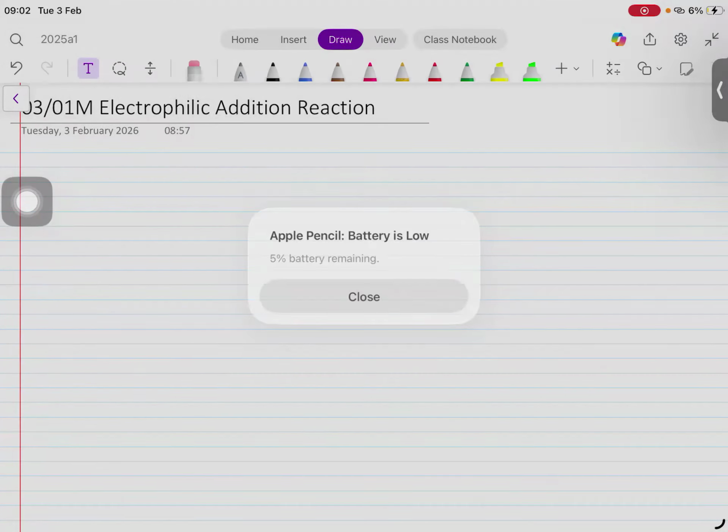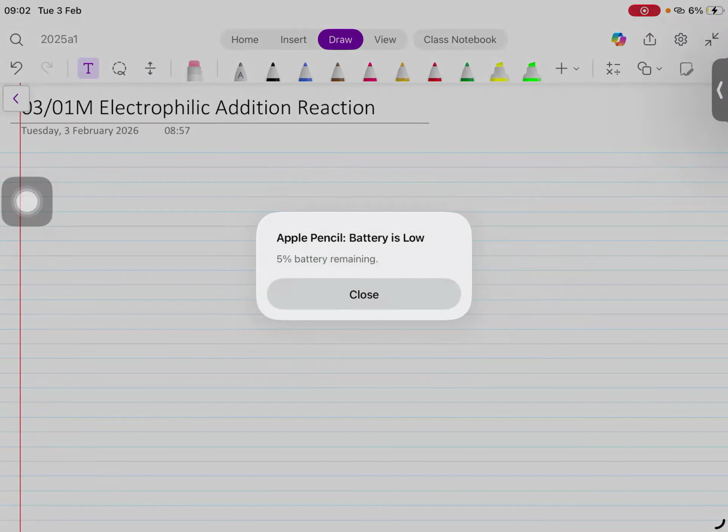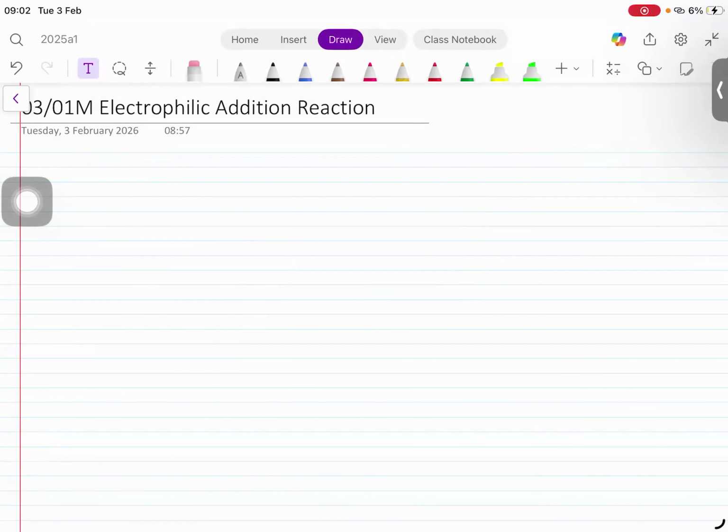So today's focus is that we'll explore the reasons why a major and a minor product is formed in the Markovnikov addition of HX or HOH to an unsymmetrical alkene.